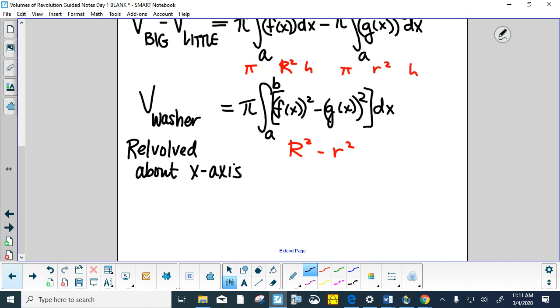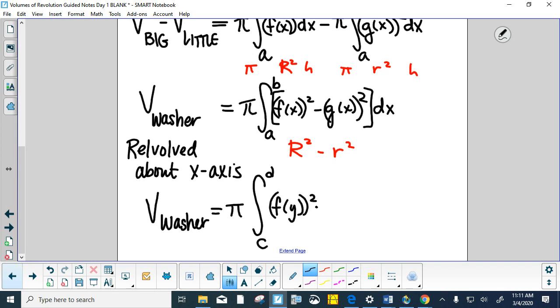What if I'm revolving it about the y-axis? So what would the volume of a washer be? Yes, you can extrapolate with me. It's going to be pi times the integral from, instead of a to b, c to d of f of y quantity squared minus g of y quantity squared dy.